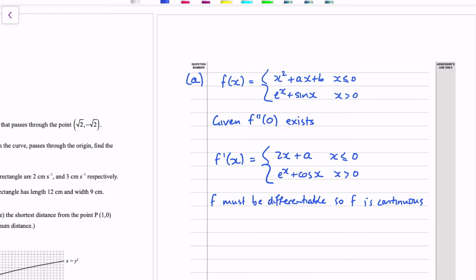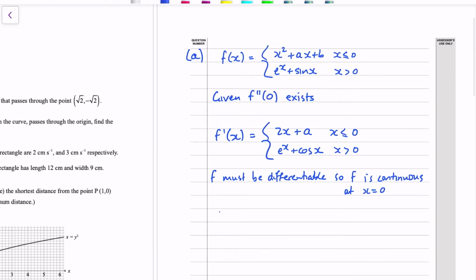They're continuous smooth curves, but where it jumps from the parabola to the exponential at x equals 0, it needs to also be continuous there. F must be differentiable, so f is continuous at x equals 0 means that the limit as x approaches 0 from the left must equal the limit as x approaches 0 from the right.